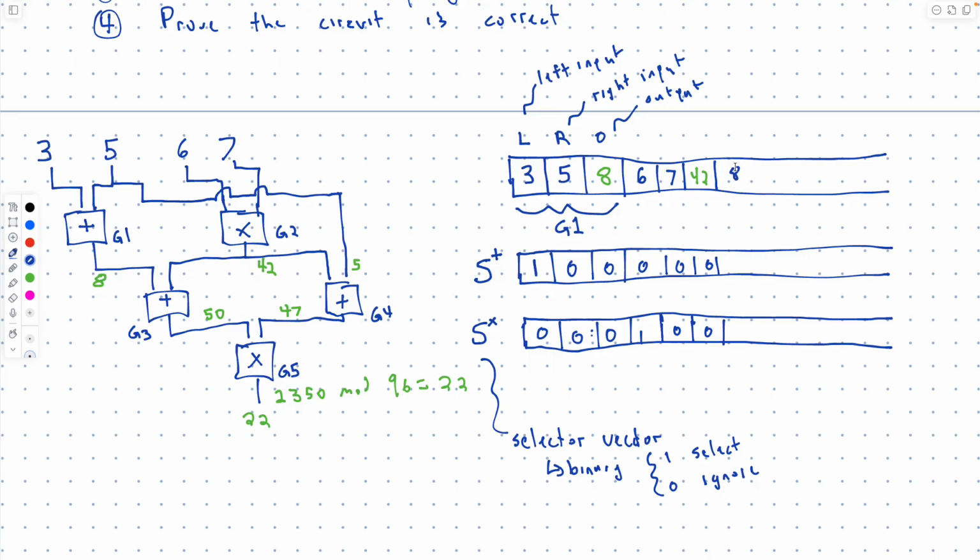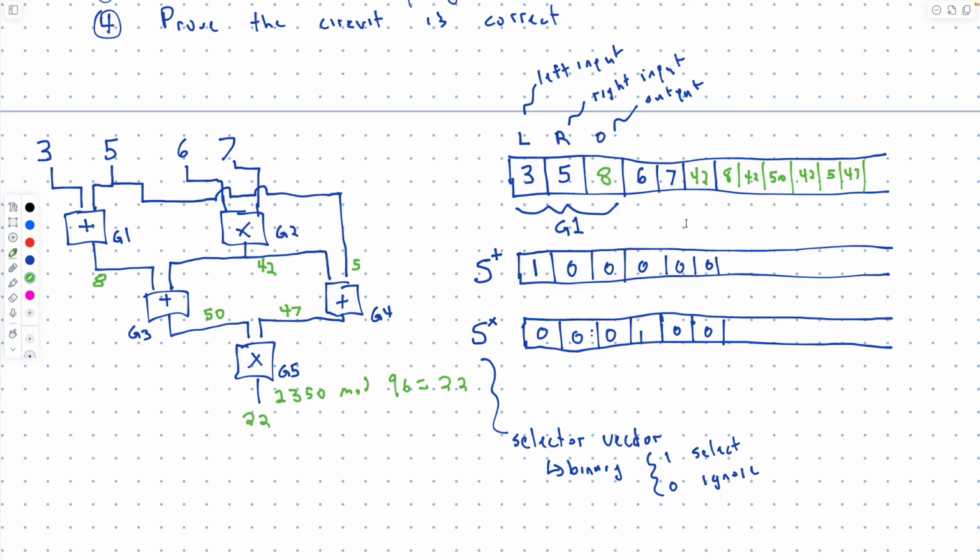All right, so we have 8. Keep putting these in green. 8, 42, and 50. Gate 4 is 42, 5, 47.